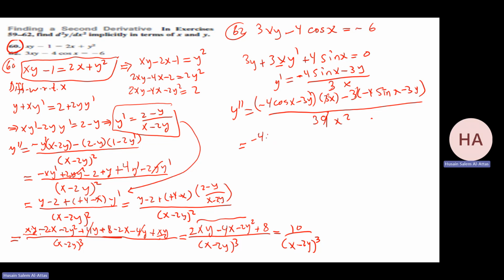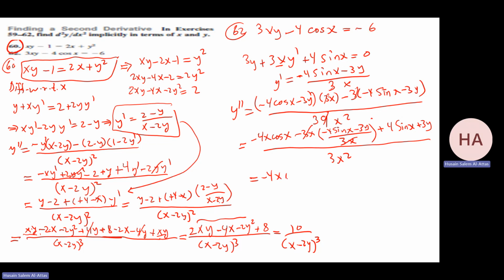So I have minus 4x cosine x. I have minus 3x y prime. And what is y prime? Minus 4 sine x minus 3y over 3x. This is plus 4 sine x plus 3y, all over 3x squared. This is cancelled.